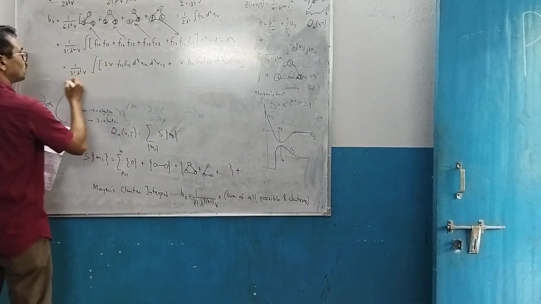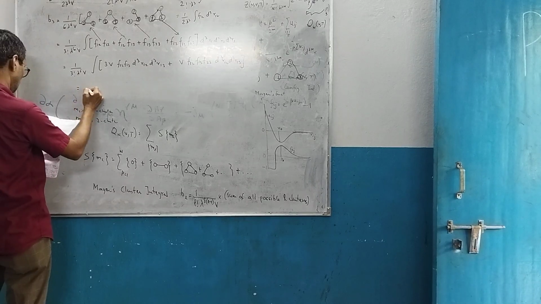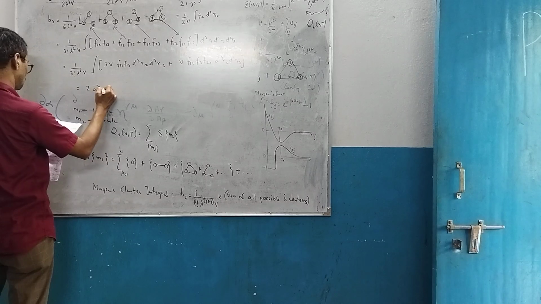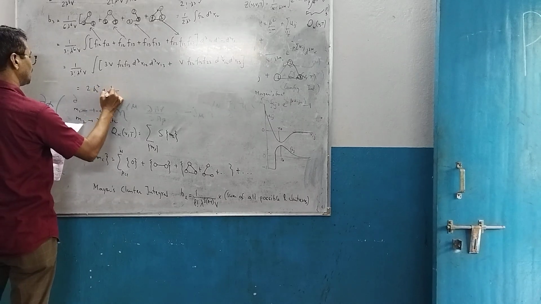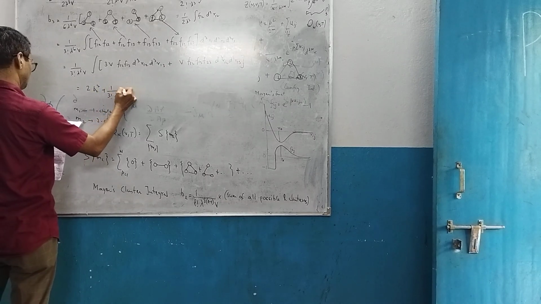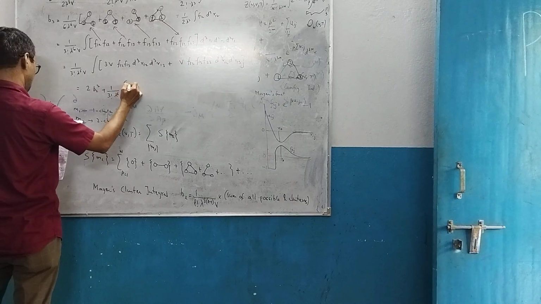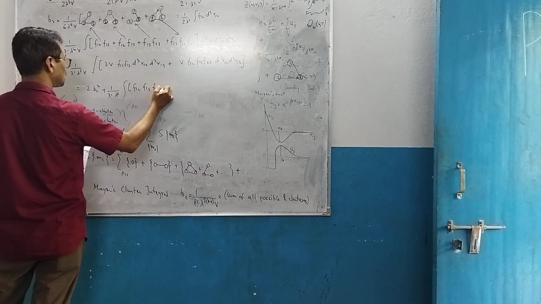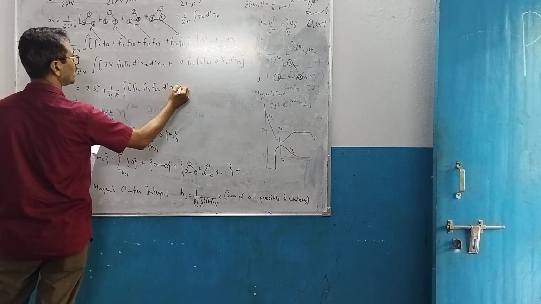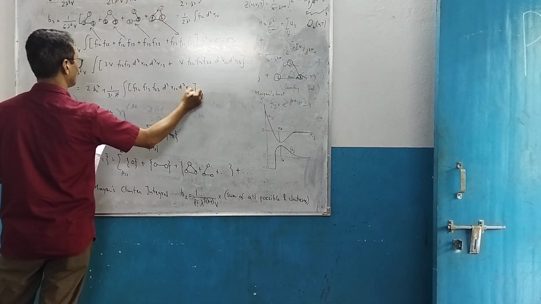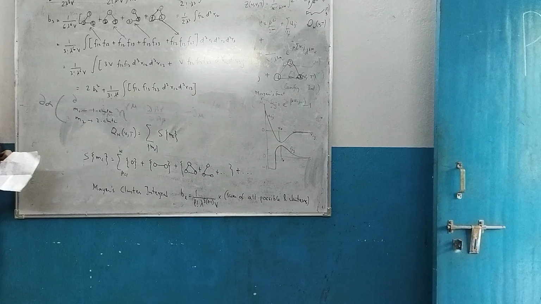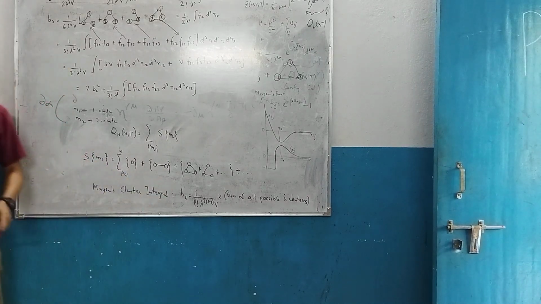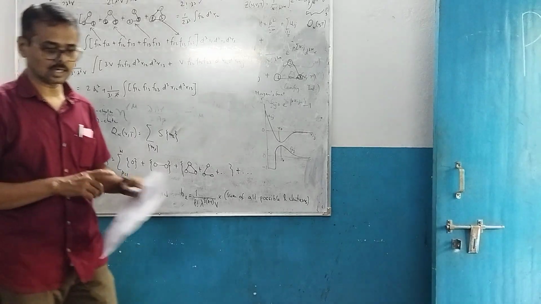So this b and this cancels out, and you are left with something like 2b2 square plus 1 by 3 factorial lambda to the power 6, and f1 2 f1 3 f2 3 d cube r1 2 d cube r1 3. So this is how you can go on calculating this value of the Mayer's cluster integral.